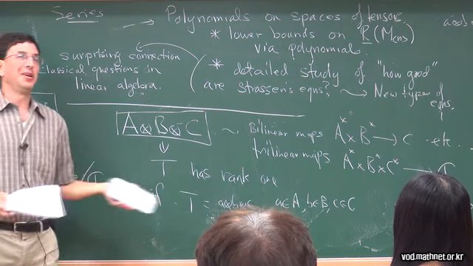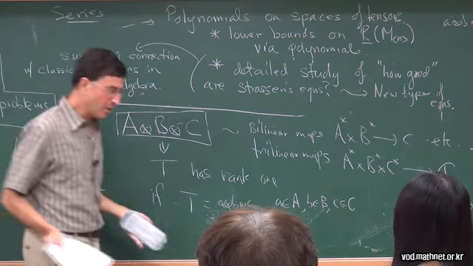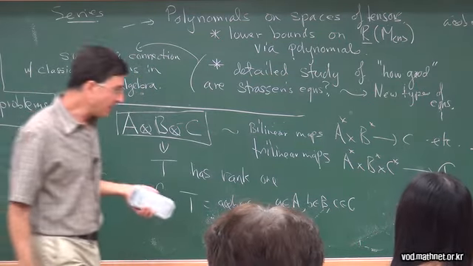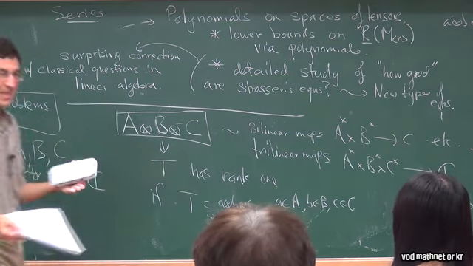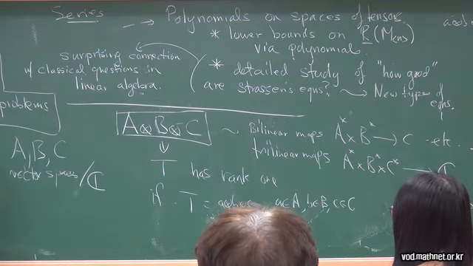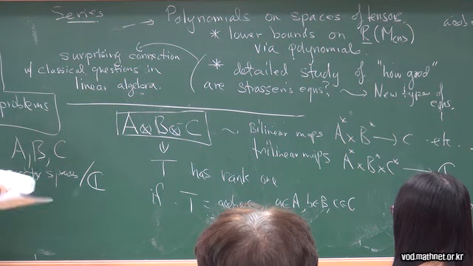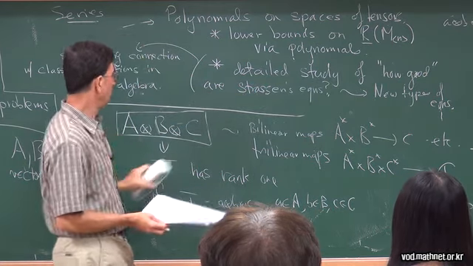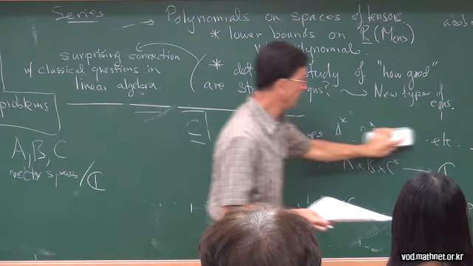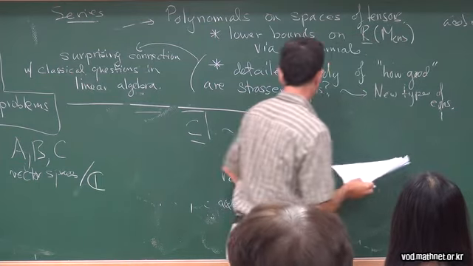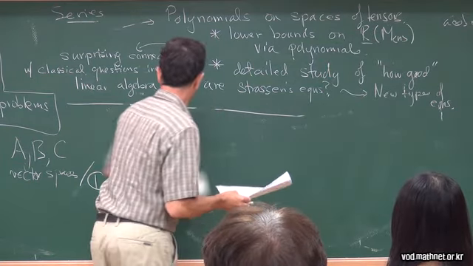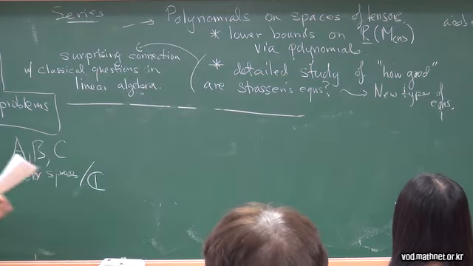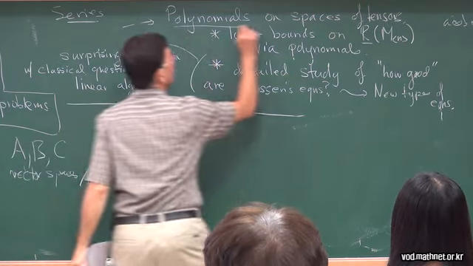This may make you happy that you're reduced to something that's been studied extensively, but then you realize that although it's been studied extensively, there are very basic questions even in linear algebra that are not understood. And this tensor question leads one to one of those open questions in linear algebra. So that's the first main theme of the week: polynomials on spaces of tensors. And that subject has been going on for a while.